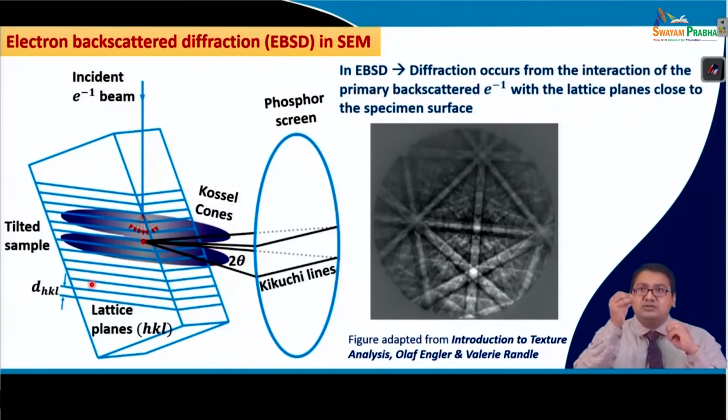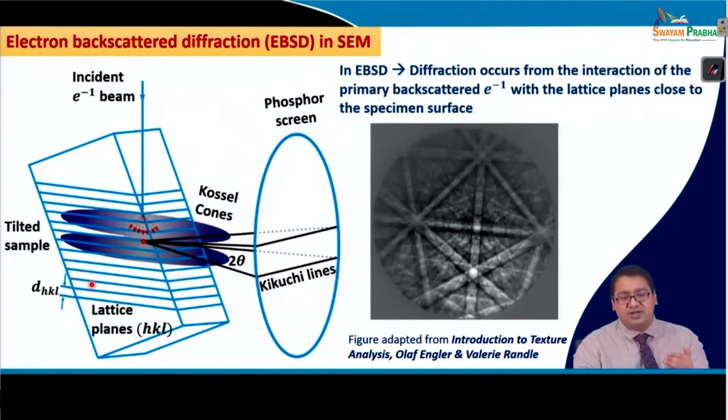When the electron beam falls on the sample, by the same phenomena as I explained in case of convergent beam electron diffraction in the TEM, elastic scattering takes place if the scattering happens a small number of times, when the loss of energy is not detectable, and inelastic scattering takes place when it scatters multiple times, so there is a loss of energy of the electron.